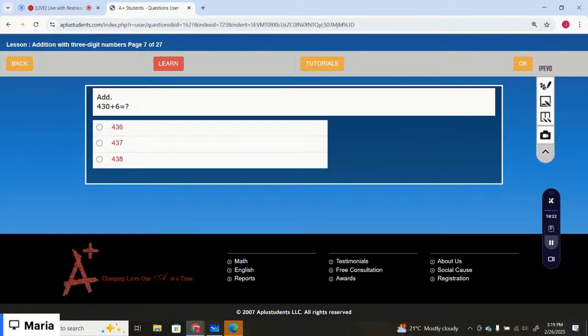430 plus 6, so which is the correct option? 430 plus 6 makes 436.